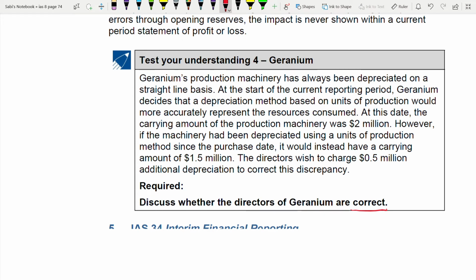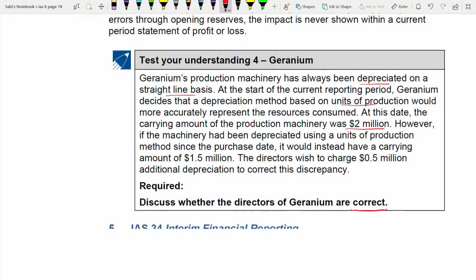Granium's production machinery has always been depreciated on a straight line basis. At the start of the current reporting period, they decide that depreciation based on units of production would more accurately represent the resource consumed. So now they are changing their method. At this point, the carrying amount of the production machinery was 2 million.